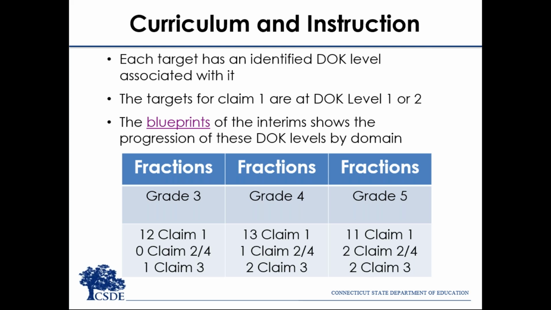As you can see, in grade 3 is when fractions are first introduced, which is why the focus is on Claim 1 with 12 items. That is your nuts and bolts claim. However, by the time you reach grade 5, they are expecting that not only do you know about fractions, but you also understand how they can be applied and used in problems. Therefore, there is an opportunity to assess that with Claim 2, 3, and 4 items.